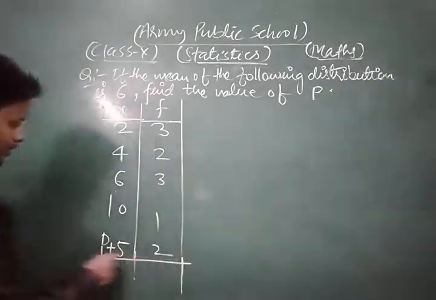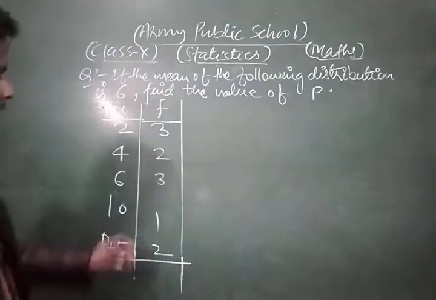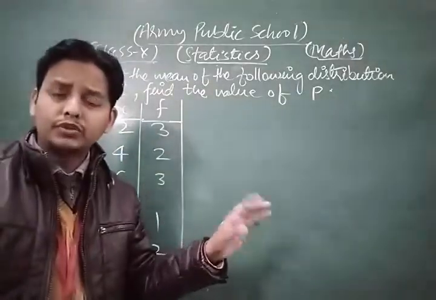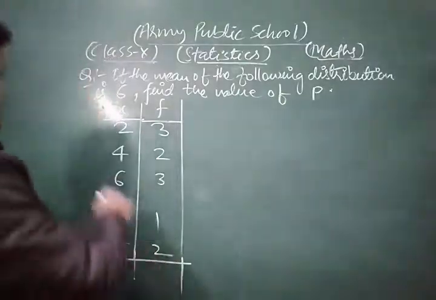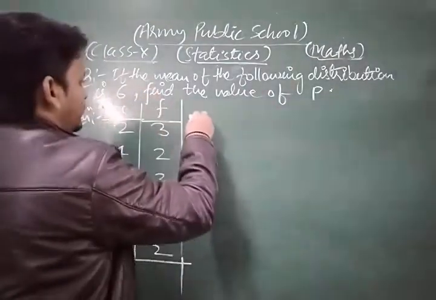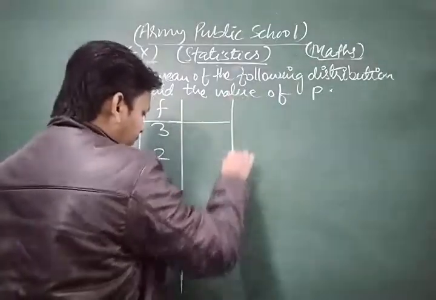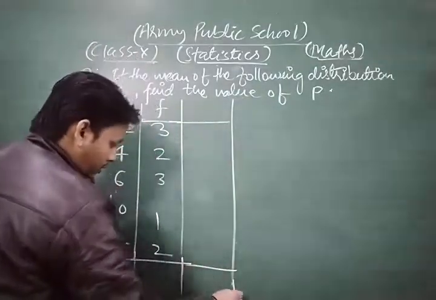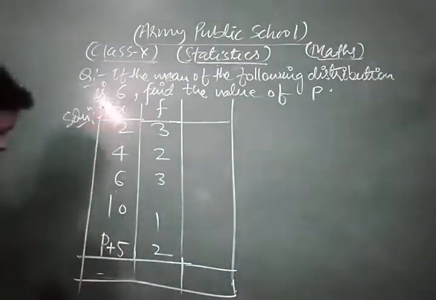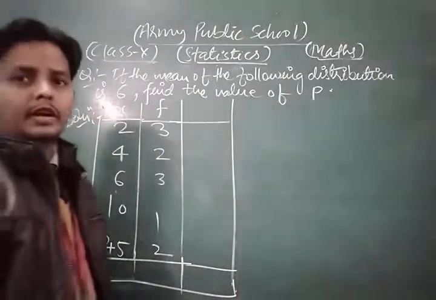Now look, the mean of the given distribution is given in our question. Now let's see its solution. First of all we prepare another column for finding the value of f into x.